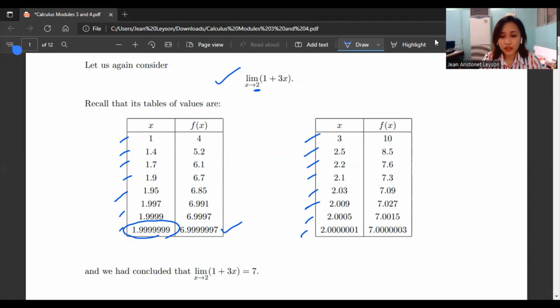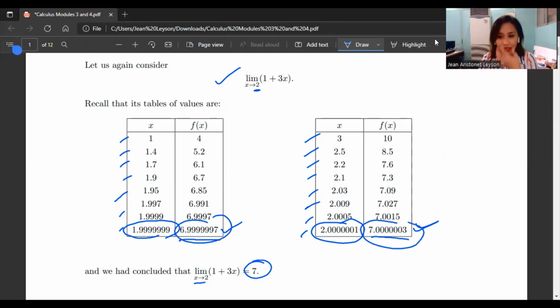Substituting all these values, especially the last one, we got 7.000003. Taking these answers into consideration, we can conclude that the limit of 1 plus 3x as x approaches 2 is 7, because these values are approaching 7.